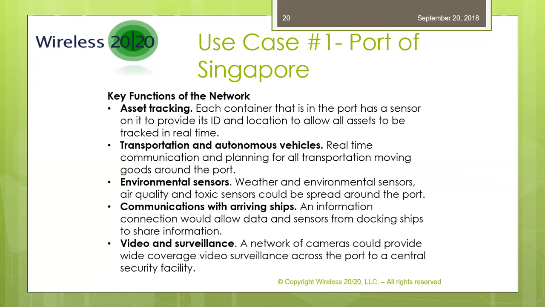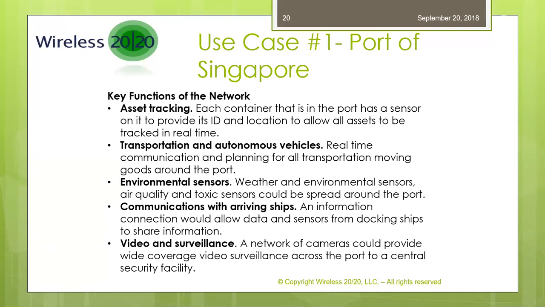So if we were to build this network, what would be some of the key functions that we want to support with this network? Again, we're using Singapore as an example, but all major harbors would probably have a list that looks very similar to this.